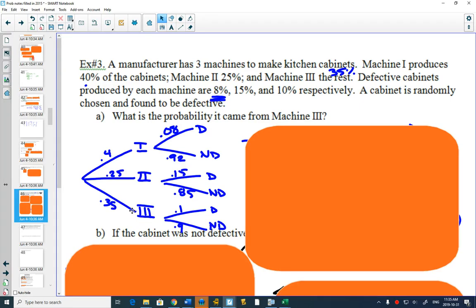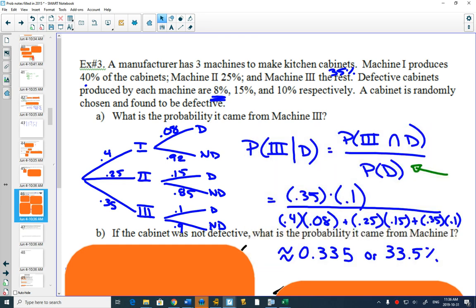For the N branches, because it's either defective, which is 8%, that means 92% would be good, or not defective. So what is the probability it came from machine 3? Well, we want the probability of machine 3 given that it was defective.